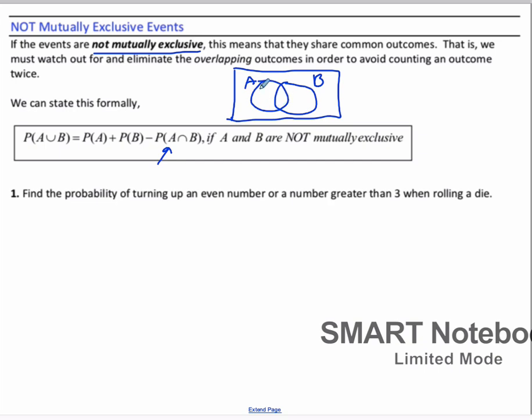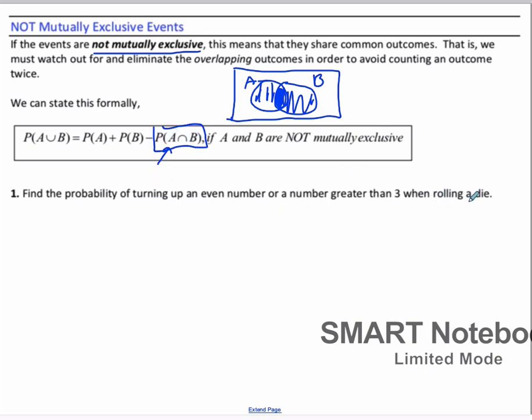So if you add A and B together, you're basically adding this overlap twice. That's why you have to subtract the overlap once, because you added it on twice. So that's how that works. If it's not mutually exclusive, then you have to do this extra subtracting of the intersection.